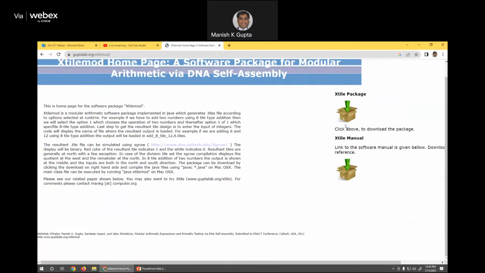So here is software which you can download. It's a Java file source. You can compile it and, as an exercise, do some of the arithmetic, say addition, subtraction, multiplication, division, and you can actually get the .tile file and simulate it. This is all done by students here anyway.